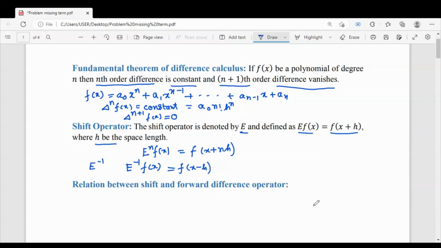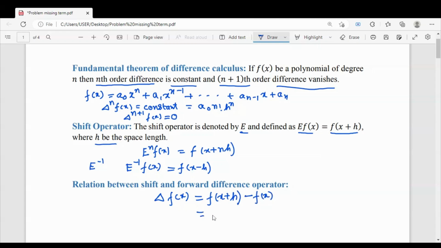Now we see the relation between the shift and forward difference operator. For the forward difference operator delta, we know that delta of f(x) equal to f of x plus h minus f(x).